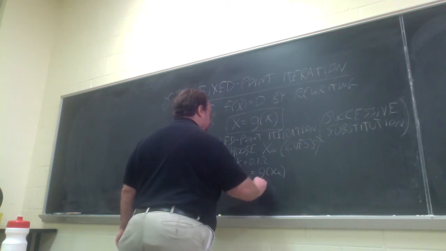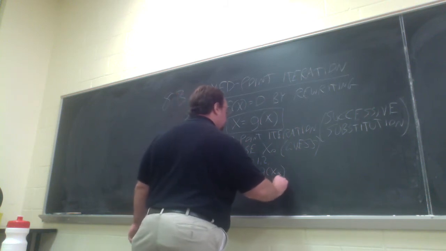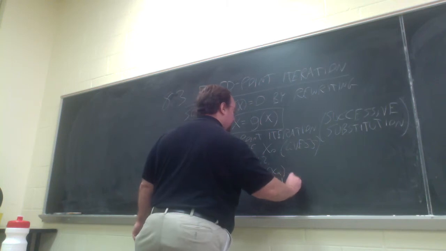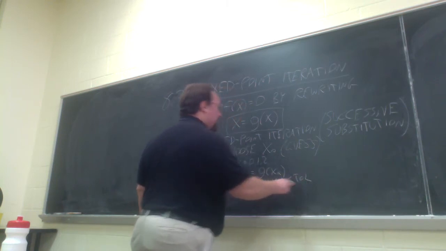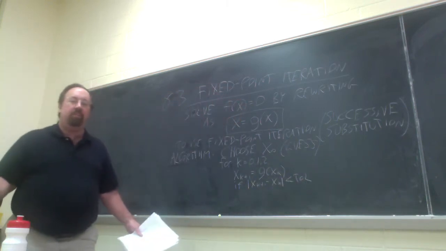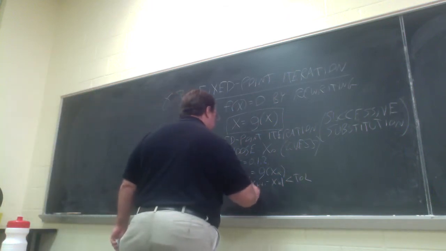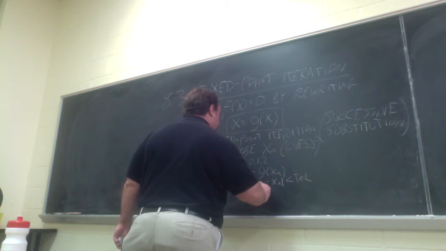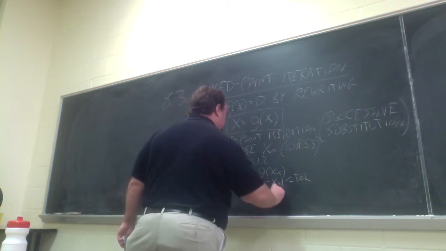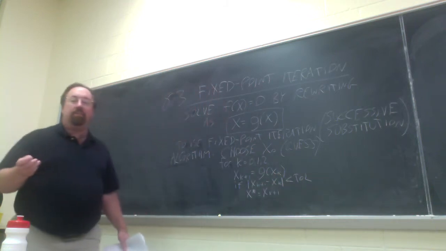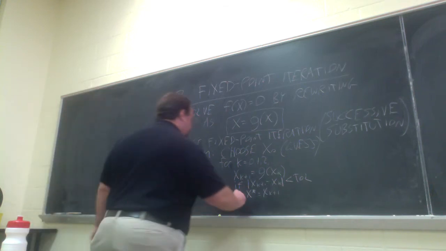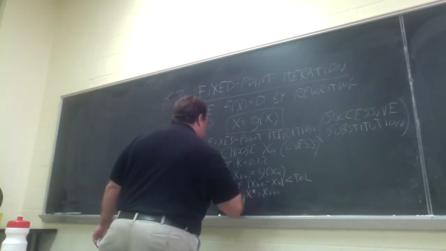So we can just check, for instance, if the difference between two consecutive iterates is less than some error tolerance, like maybe 10 to the minus 8, whatever it is you choose. And if that's the case, then your root x star will be declared to be xk plus 1. And that's it. That's the whole algorithm in a nutshell.